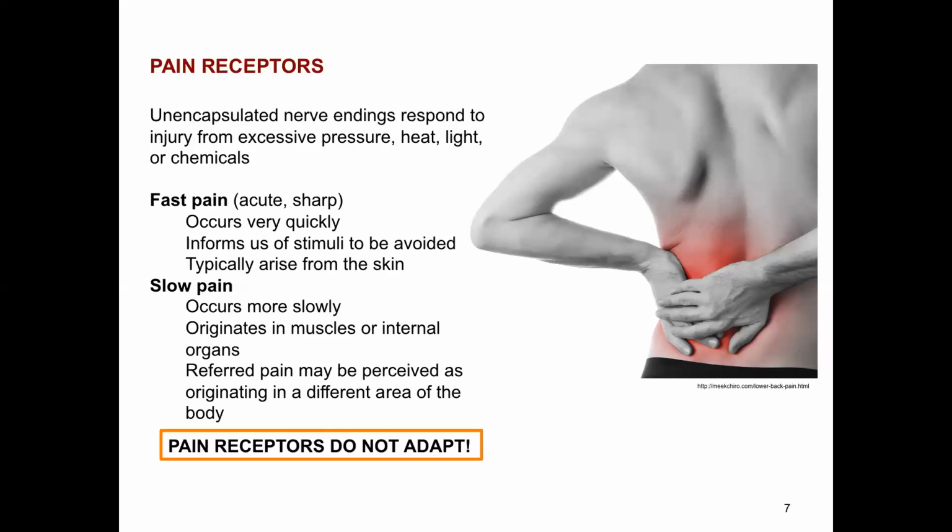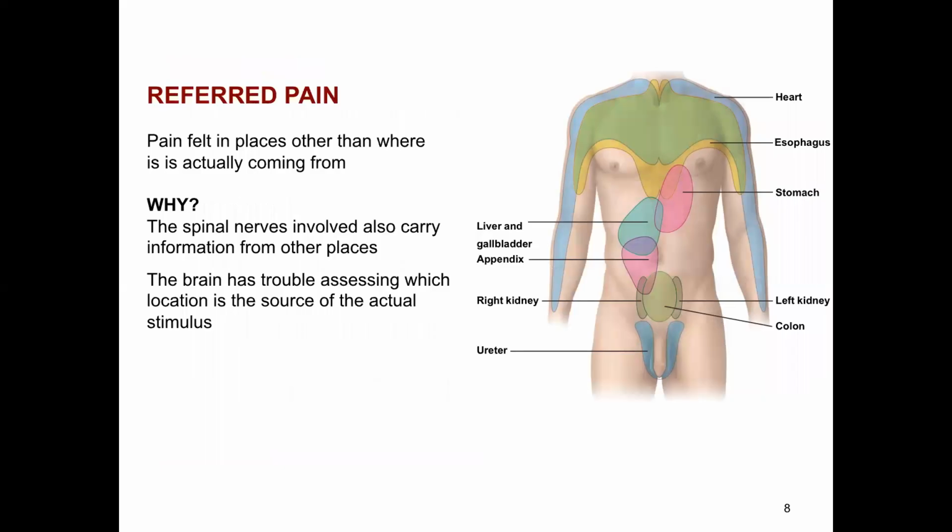And also, since you've got these nerves carrying information from different places in the body, sometimes the brain gets a little confused. It sort of crosses information. Basically remember that those nerves carry information from different places in the body.